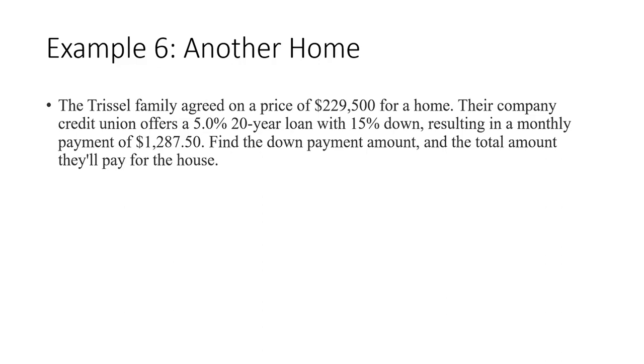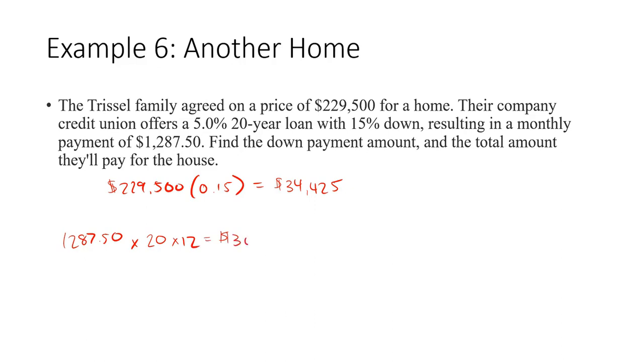Well, the down payment is going to be 15% of $229,500. So if we multiply that times 0.15, 15% of that, $34,425. The monthly payment, $1,287.50, times 20 years times 12 months in a year, $309,000.